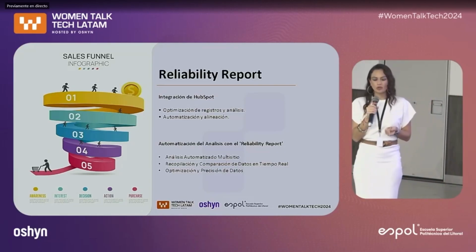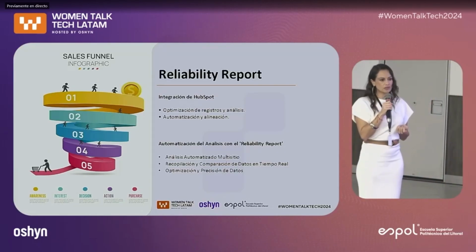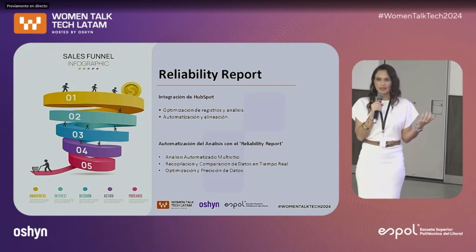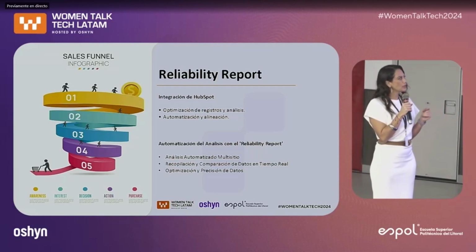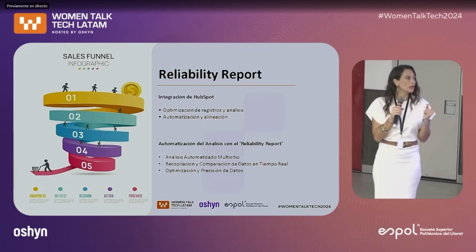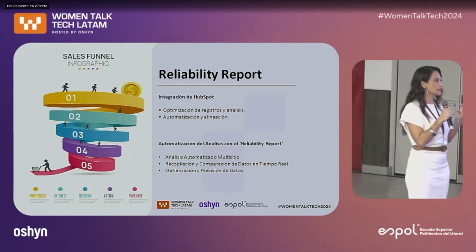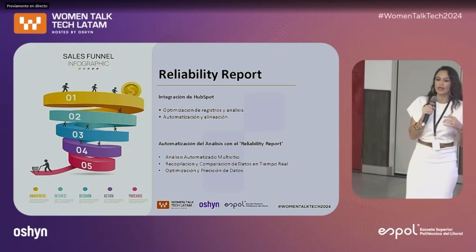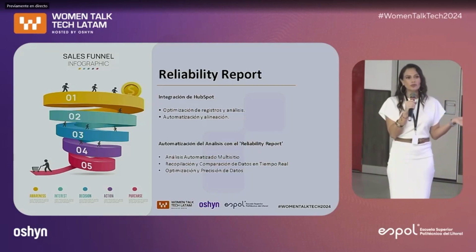So what are the improvements that we have through this case study? Well, we have been able to optimize the records and the analyses. We have been able to automate, and with an analysis of the report as well. And we also have automated, multi-site analysis, and we have also gathered and compared data in real time.